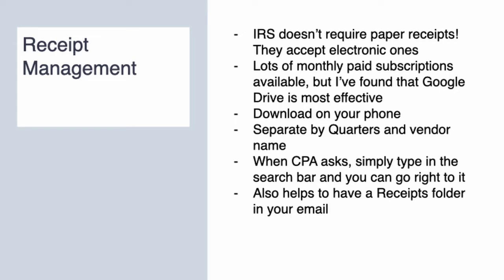If you are a business without a lot of transactions going on, you could simply have a 2021 folder. Or if you start to get quite a few more receipts, you could separate those by quarters. And if you have even more receipts, you could separate those by vendors. So for example, you've got your receipts folder and then Q3, we're in Q3 right now.